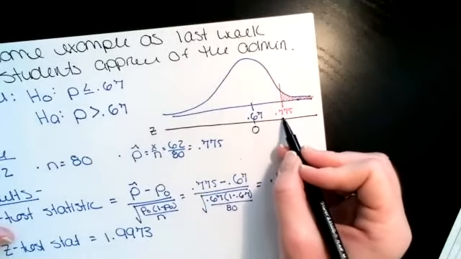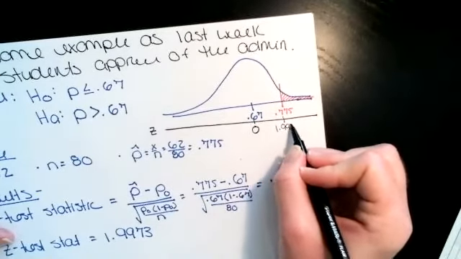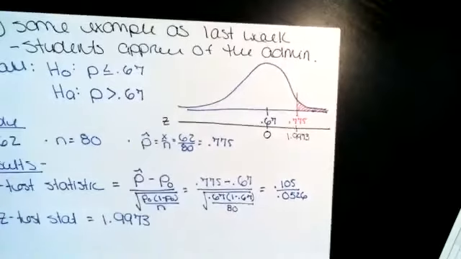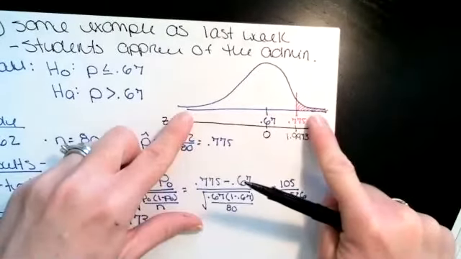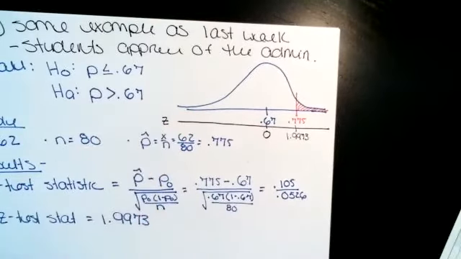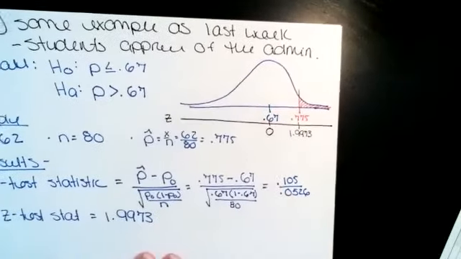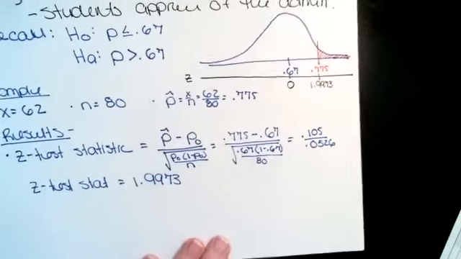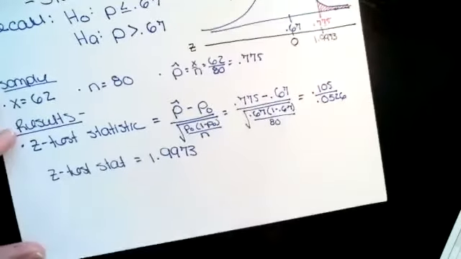My p hat is now my Z test statistic, which is 1.9973. Do you see that? Can that give you a good visual? I've now removed this axis and I've replaced it with a Z axis. Okay? And we're still going to calculate that area in the tail. So hopefully that gives you a good visual. So I'd like you guys to draw it out. All right, so here's my Z test stat.